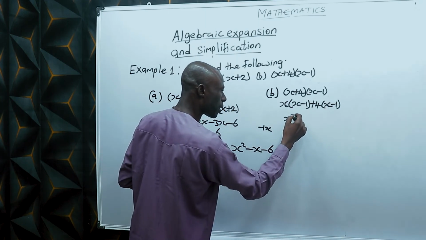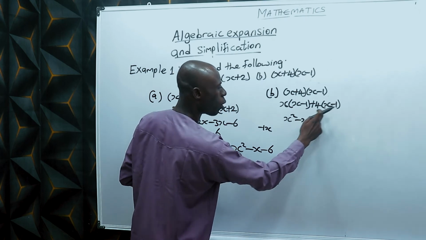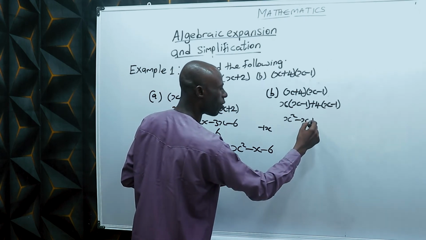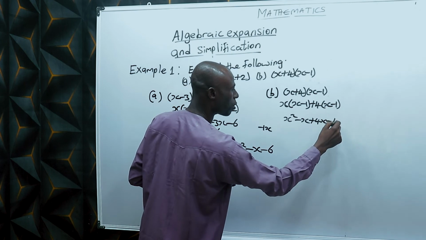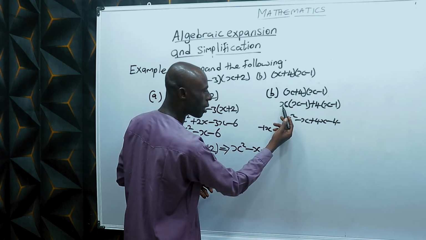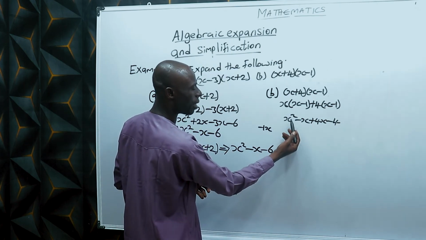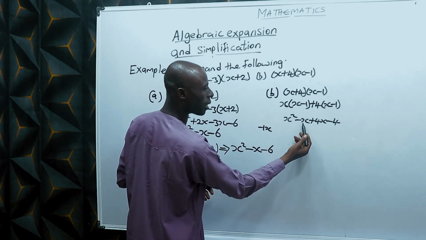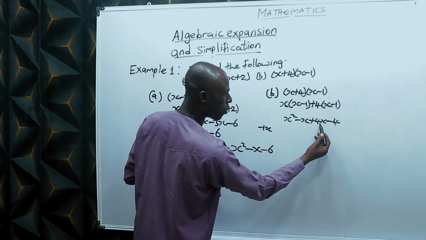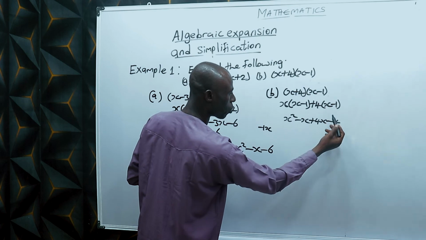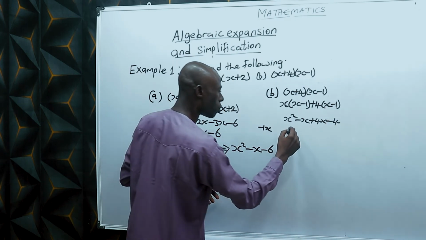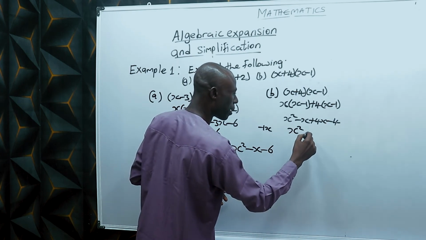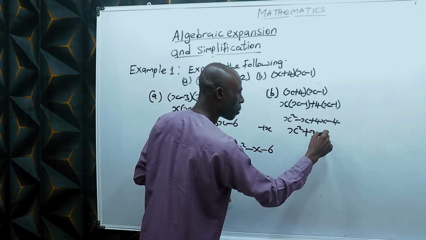You have x squared minus x. Open this other bracket as well. You have positive 4x minus 4. What are we doing? You use x to multiply x, you get x squared. X times minus 1 is minus x. Plus 4 times x is plus 4x. Plus 4 times minus 1 is minus 4. So finally we have x squared plus 3x minus 4.